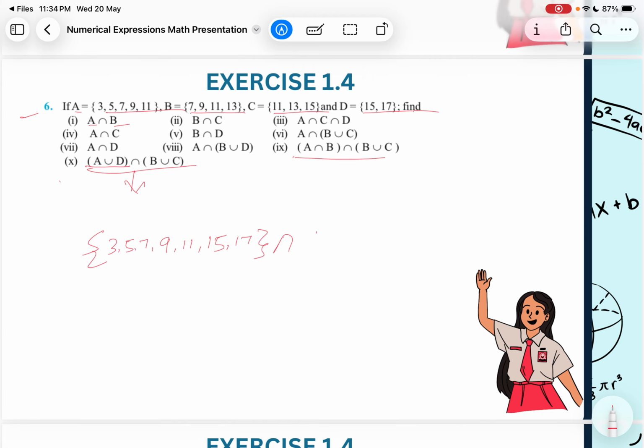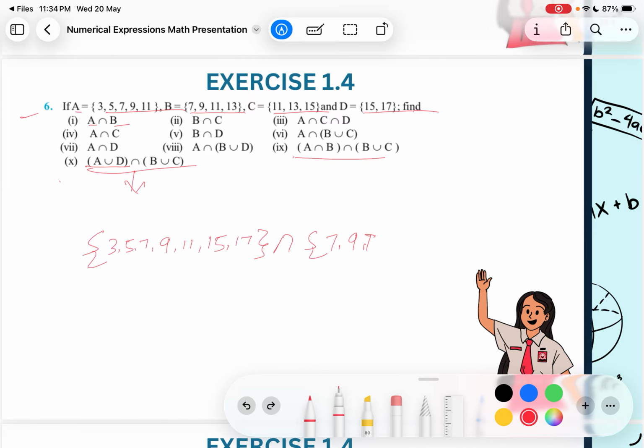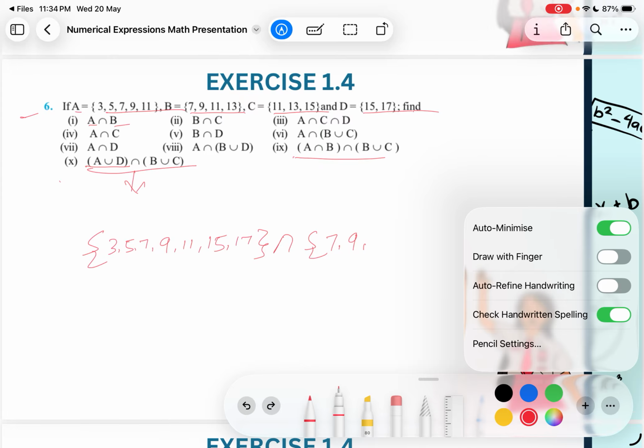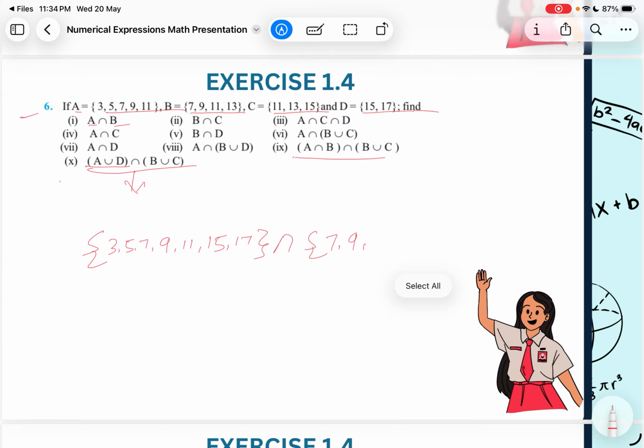And then the intersection with B union C. So we have 7, 9, sorry, we are writing B, no? 7, 9, 11, 13, right? And C has 11, 13, which we have already written, so only 15 is left.